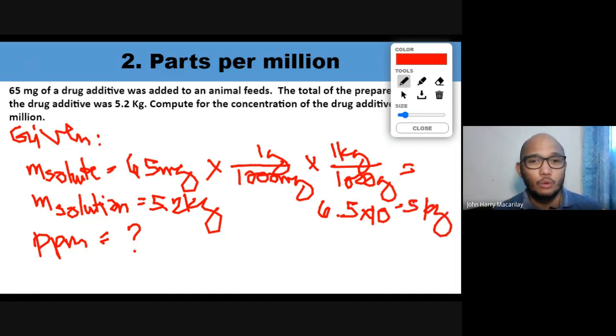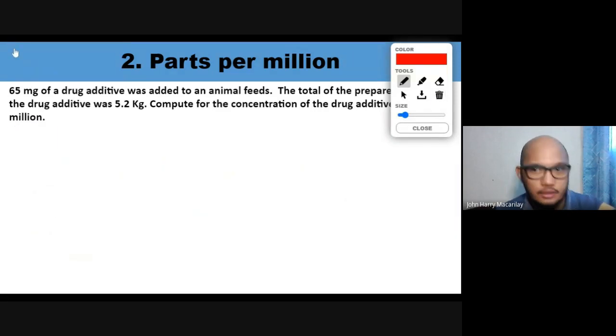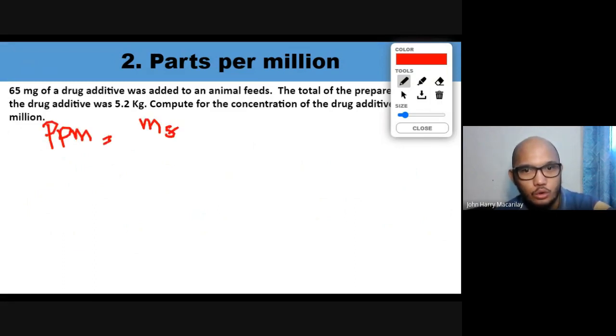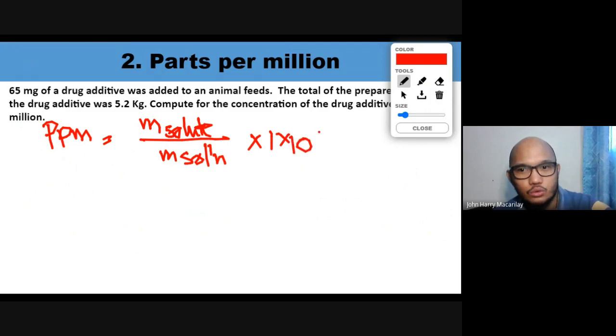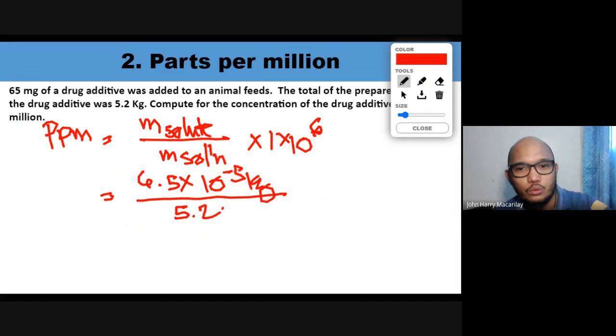So can we compute now for the parts per million? Yes. So let's use the formula. ppm is equal to mass of solute over mass of solution, times 1 times 10 raised to 6. So 6.5 times 10 raised to negative 5 kilogram divided by 5.2 kilograms times 1 times 10 raised to 6, or 1 million.